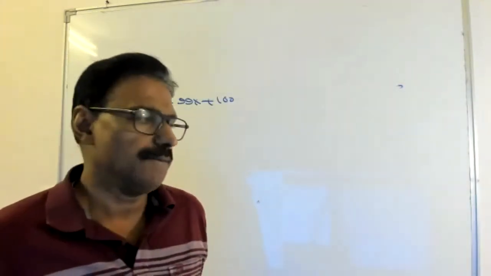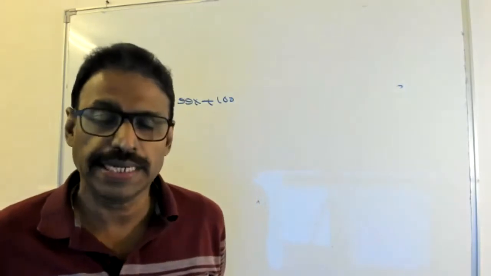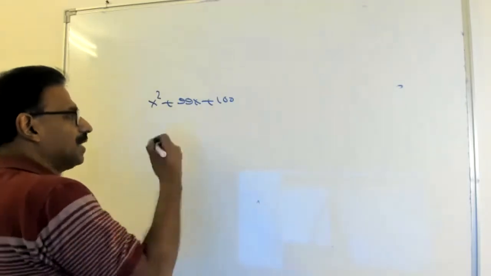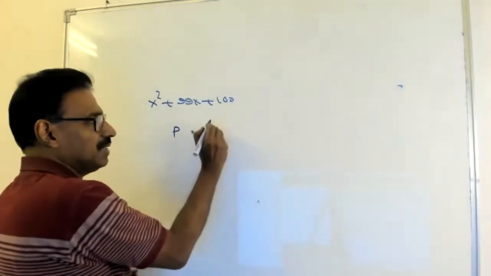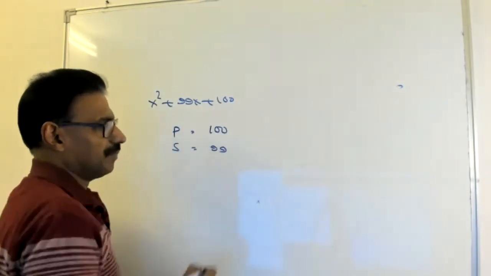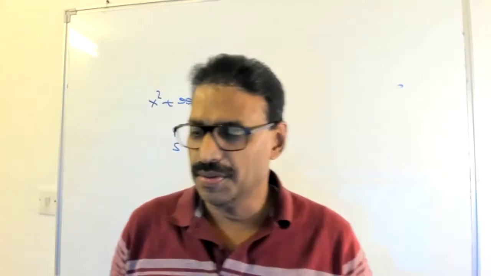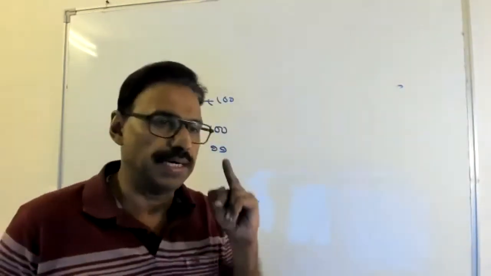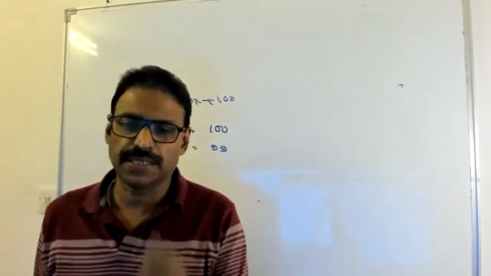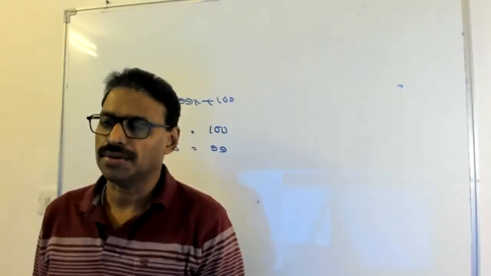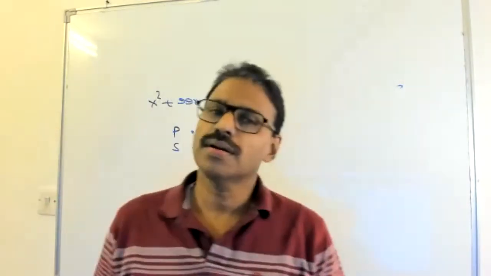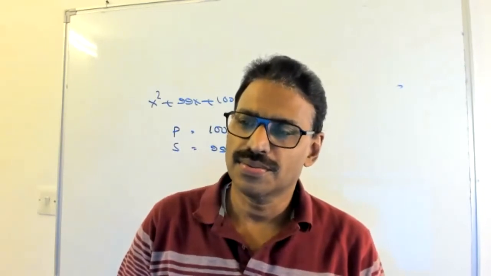Okay, so look here now. We can check my argument. Here the product is 100, positive. The sum is 99, also positive. The product of two numbers is positive. What are the options? Both numbers are positive or both are negative.